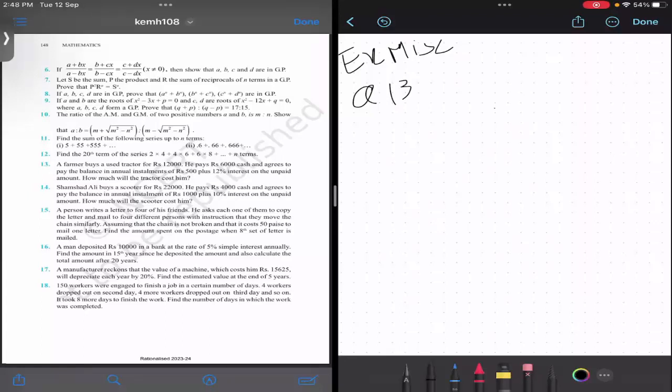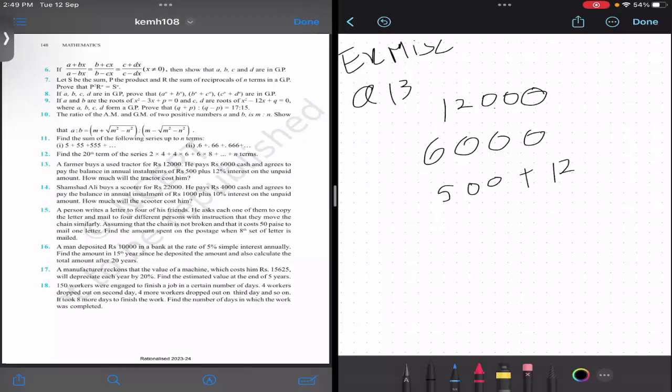Right. The used tractor cost 12,000 in total. He paid 6,000 upfront, and every year he paid 500 plus 12% interest on the remaining amount. Right.